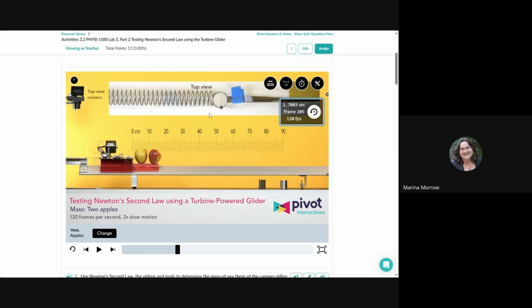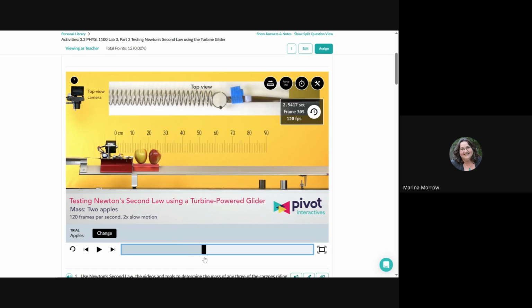You're going to go to a point where it has not yet started moving, and you could put your 0 at the edge of the cart, or I like maybe on this where the turbine is. That's a nice sharp edge. And what you're going to do is go to the point where the tape gets cut. So wait for the scissors to come in.